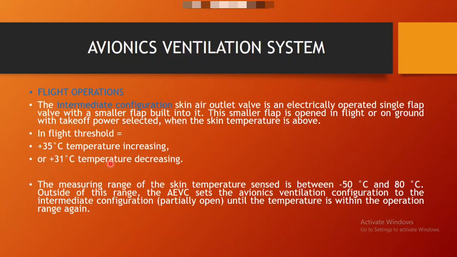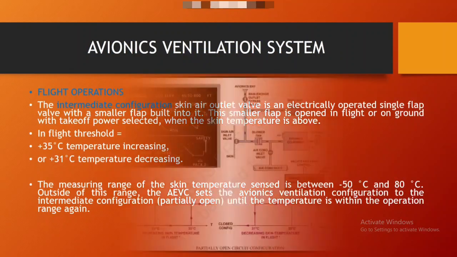So this is the temperature configuration, we will not go into the numerical value. The measured range of skin temperature sensed is between minus 50 degrees and 80 degrees Celsius. Outside of this range, the AEVC sets the avionics ventilation configuration to an intermediate, or partially open, configuration. So this is the temperature variation, and this configuration will automatically come into the picture.